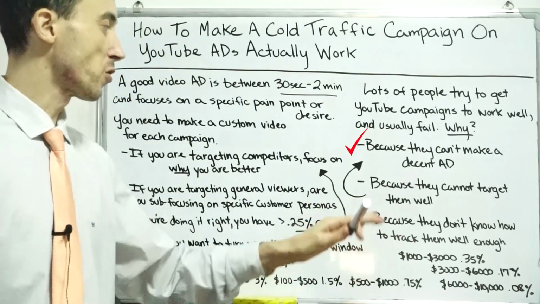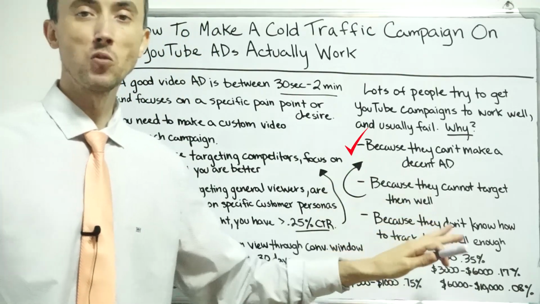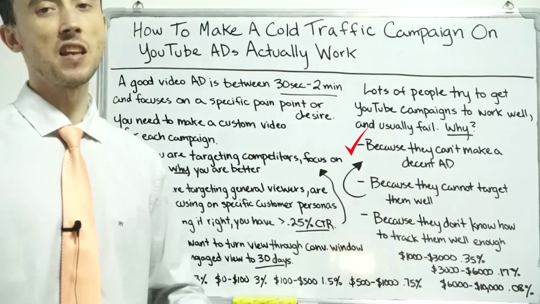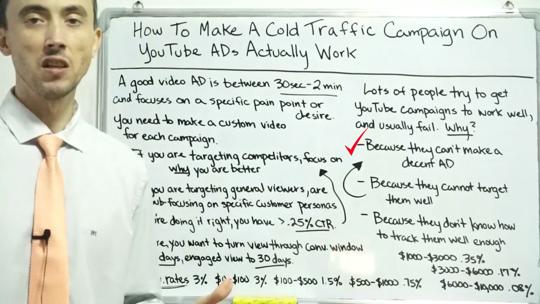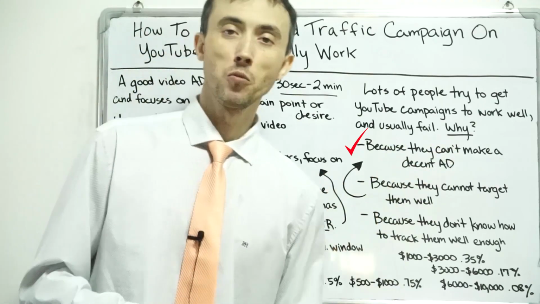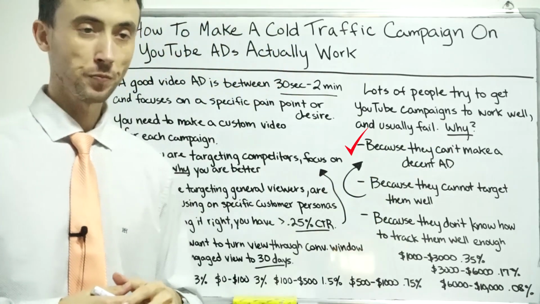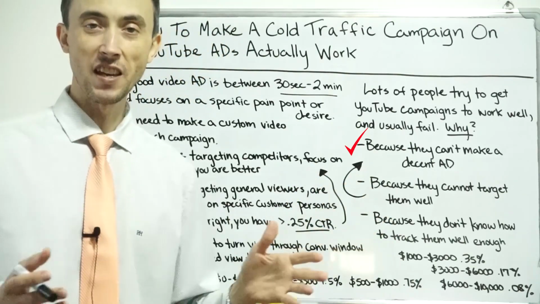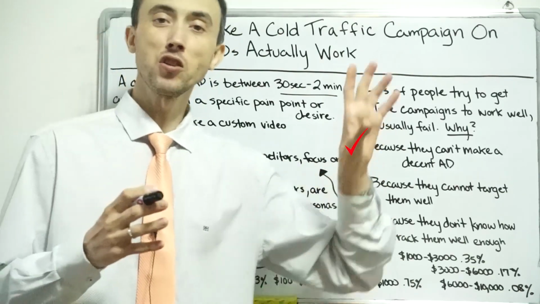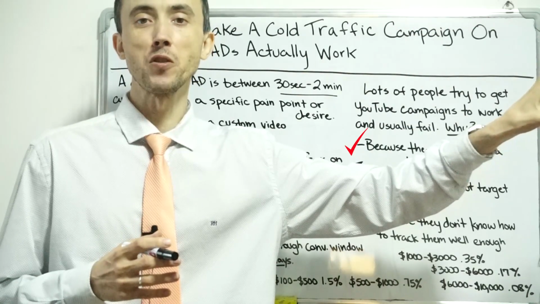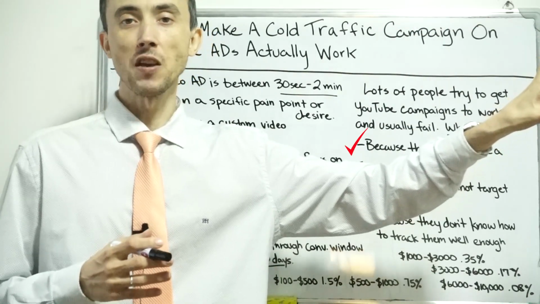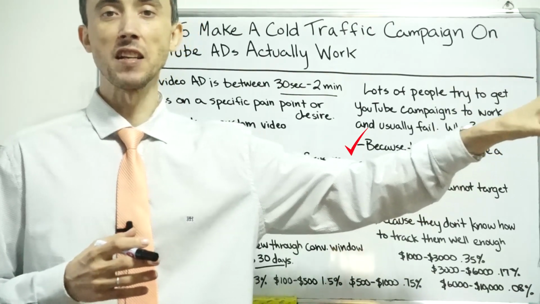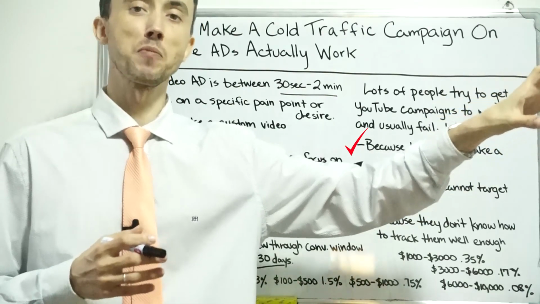The first major reason, of the 3 reasons why it doesn't work for people, is because they can't make a decent ad, which I know sounds like a really obvious answer. But some people think, stupidly, that you could just go pluck a video off of your YouTube channel that you use for people that have already been to your site to get a bit more information about your products or service.